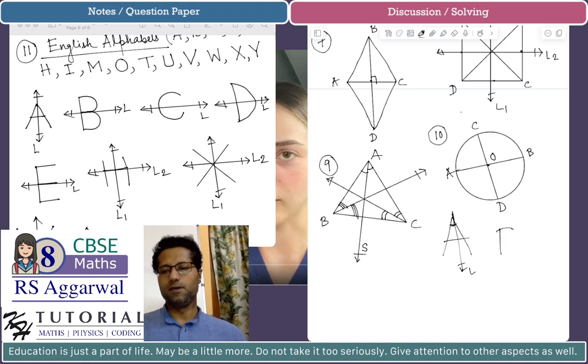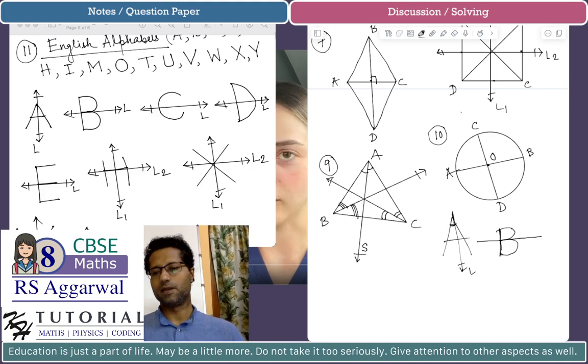So if this is B, the line of symmetry will be the horizontal line passing through here. If you consider this side of the B as a straight line, of course a line segment, you can consider the perpendicular bisector of this side of the letter B to be its line of symmetry.